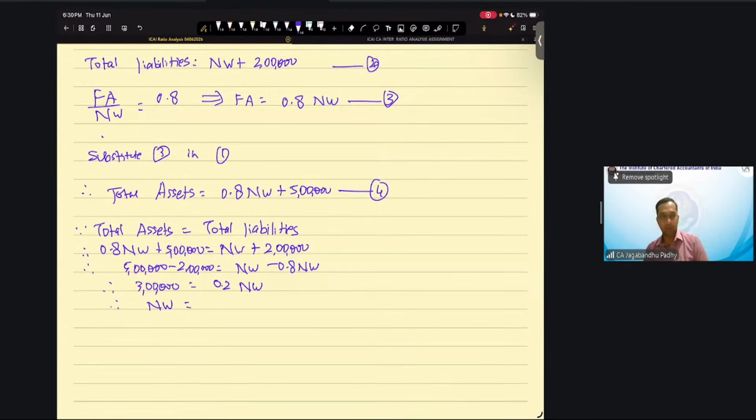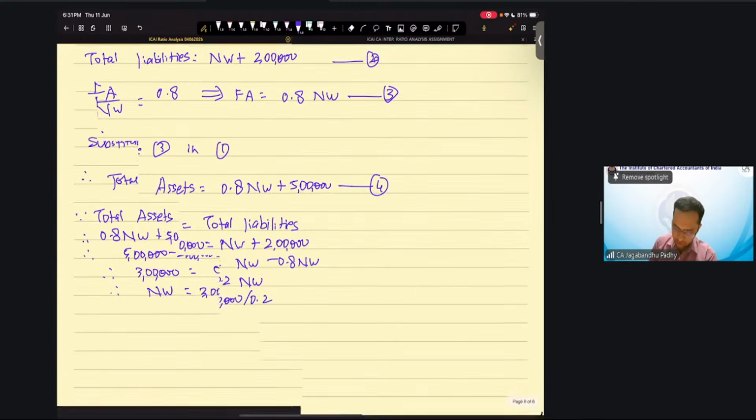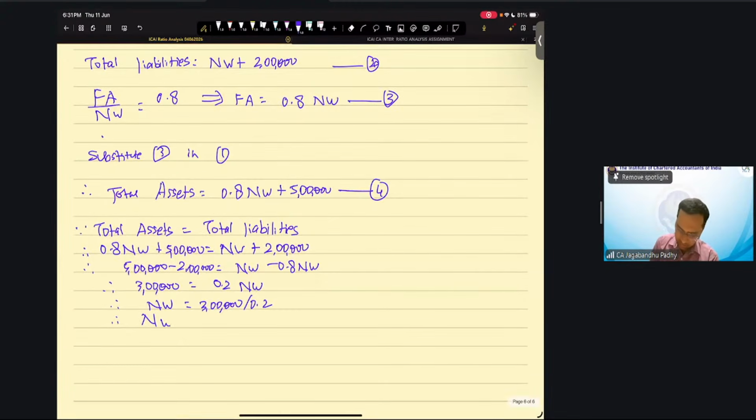So what about the net worth? Net worth will be 3 lakh divided by 0.2, which is 15 lakh.